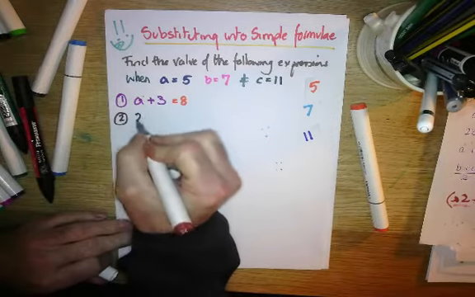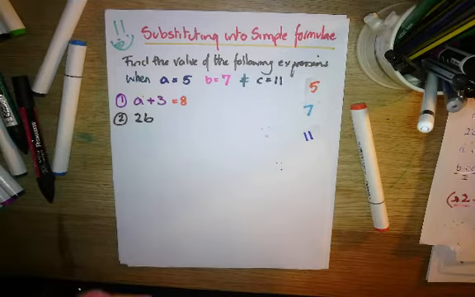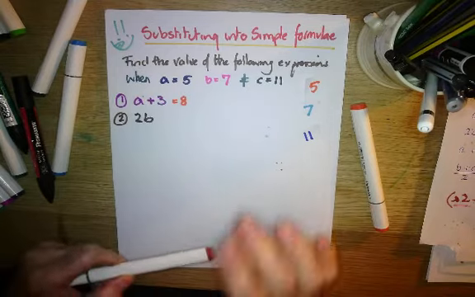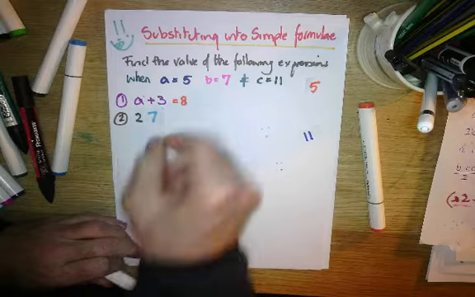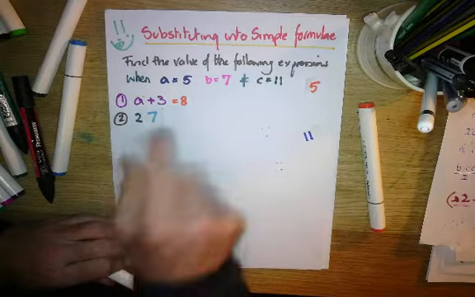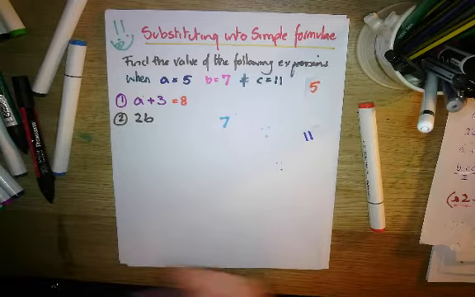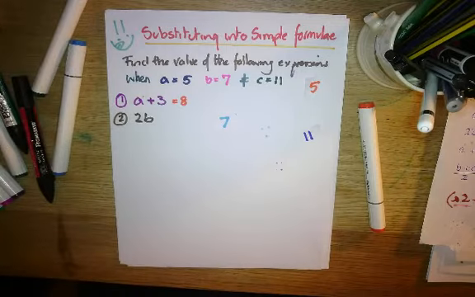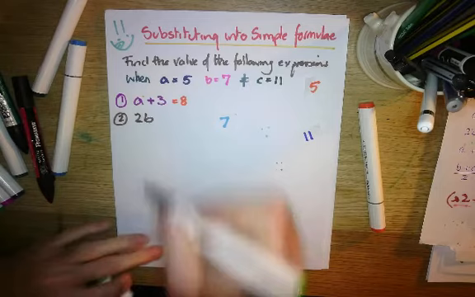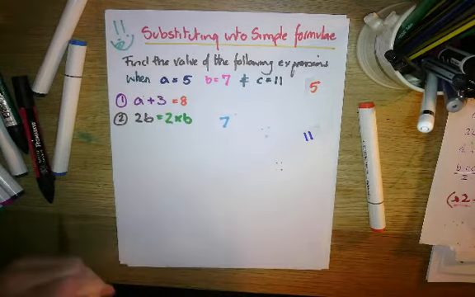What does this mean, 2b? Well, that's interesting. 2b means 2 lots of b. It doesn't mean 27. It means 2 lots of b. And what we have to remember is we don't put the times symbol in because it looks like an X. So I could write that as 2 times b.